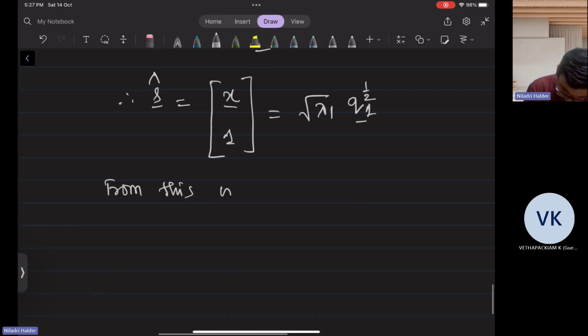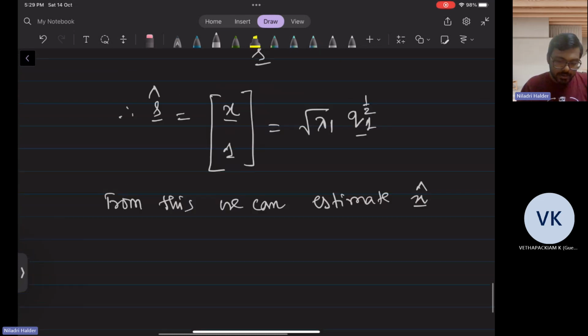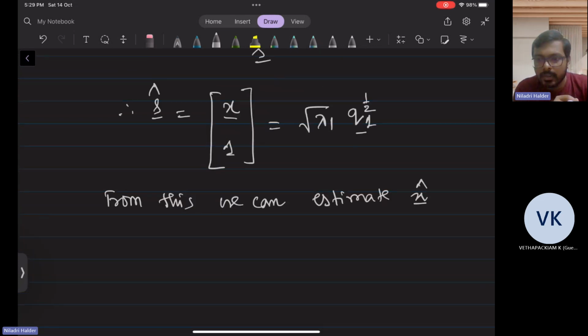From this we can estimate x. Okay, so this is how we can find x from the SDP problem for the case of MIMO detection.